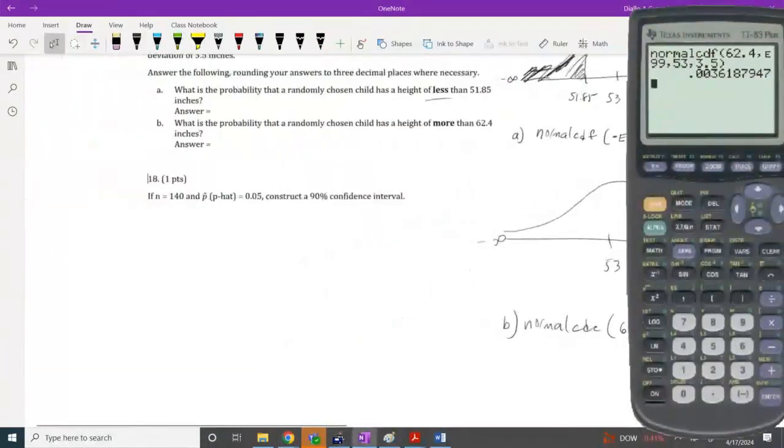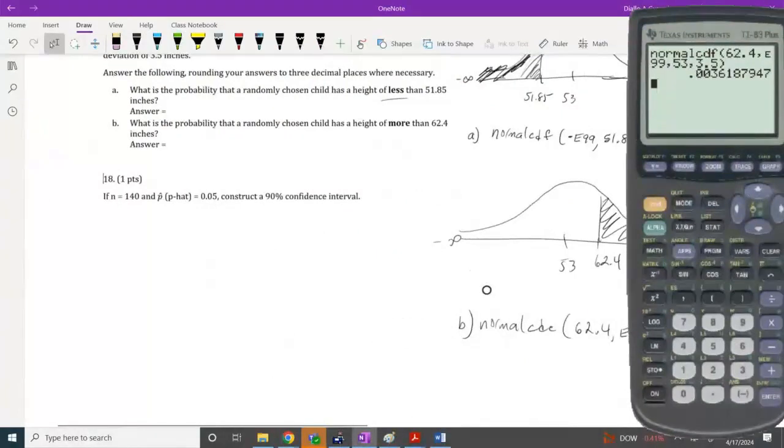All right, and then for the last problem, it deals with a confidence interval, a population confidence interval. And it reads, if n is equal to 140 and p hat is equal to 0.05, construct a 90% confidence interval.